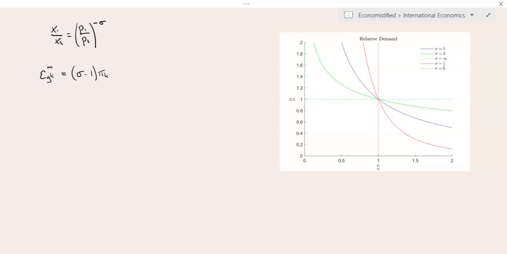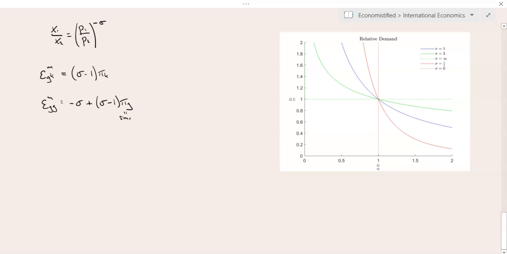Now, sigma also affects the own price elasticity. Remember, the own price elasticity of Marshallian demand was given by the following function. And one thing to note here is that if there are very many goods, then the share of income spent on any one good is going to be relatively small.